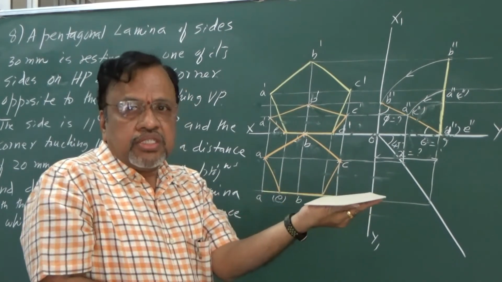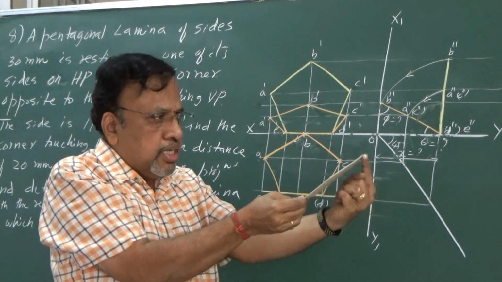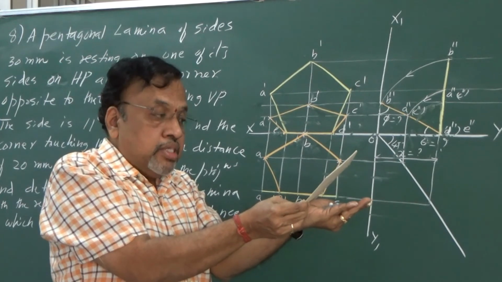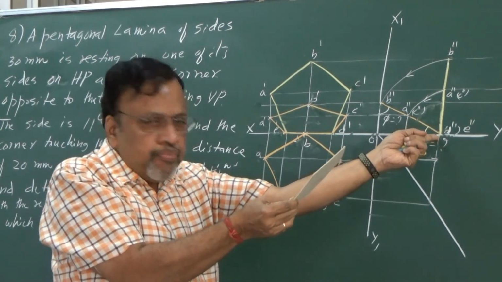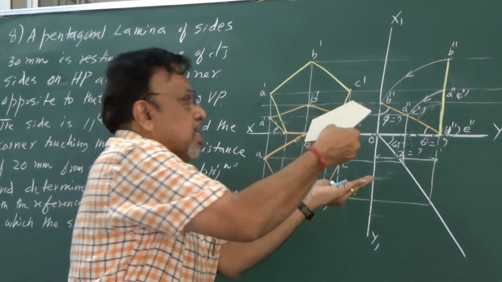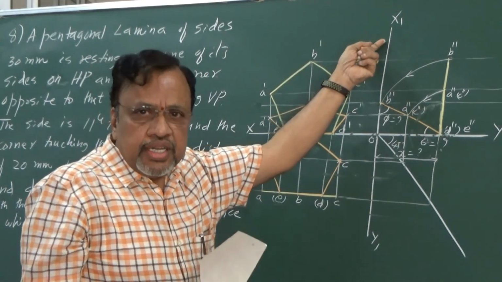So start like this. Then in the second stage, lift this so that it is at a distance of 20 mm. Third stage, instead of giving inclination, directly I said that this particular corner is touching VP. So in the third stage, redraw this figure such that I get it like this. Then I am going to get the final figure. Is it clear? Thank you.